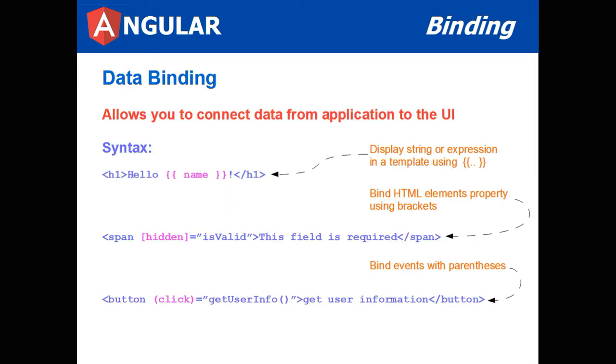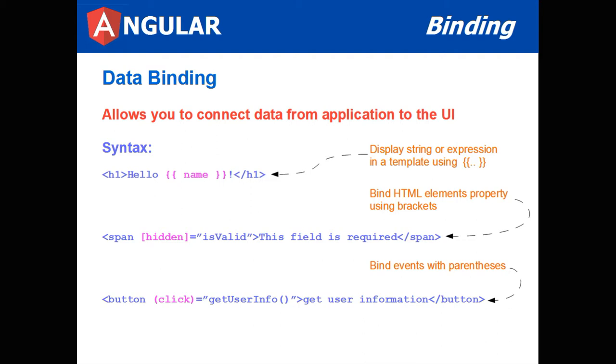Okay, what is data binding? It allows you to connect data from the application to the UI. For example, you can display strings or expressions in a template using this expression syntax, also called interpolation, or the double curly bracket.